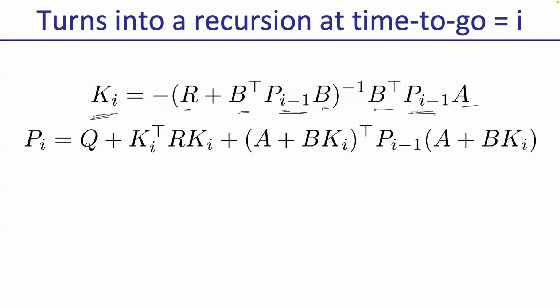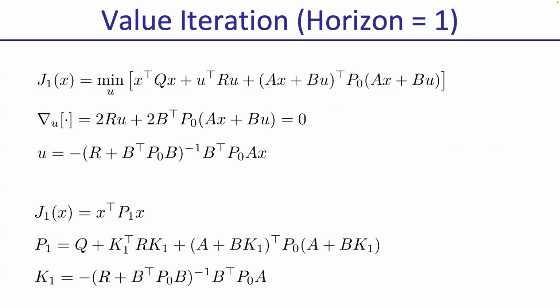And then you can express Pi in terms of K and Pi minus 1. So all we're really doing is taking this equation that we worked out and making it a general recursion because it's the same math from time step to time step.